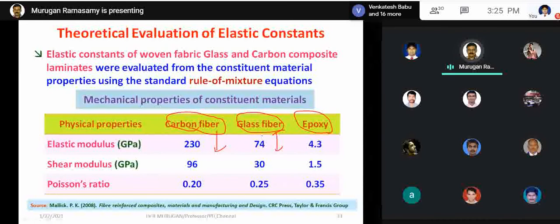You can see the elastic modulus for the glass fiber is 74 gigapascal, and the elastic modulus for the T300 carbon fiber is nearly 3 times this, 230 gigapascal. The shear modulus and the Poisson's ratio are also available. These are the data available with us. Based on this data, we are going to develop the elastic constants theoretically.